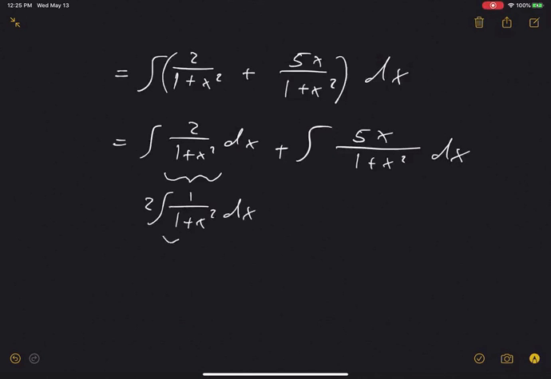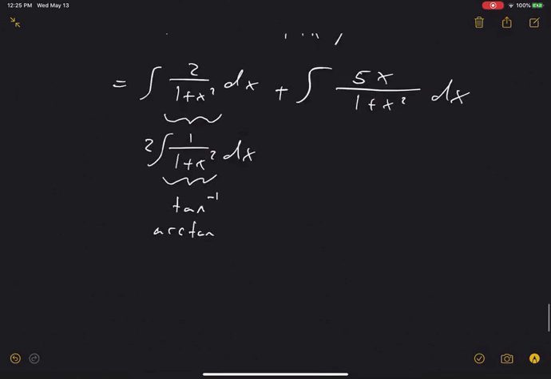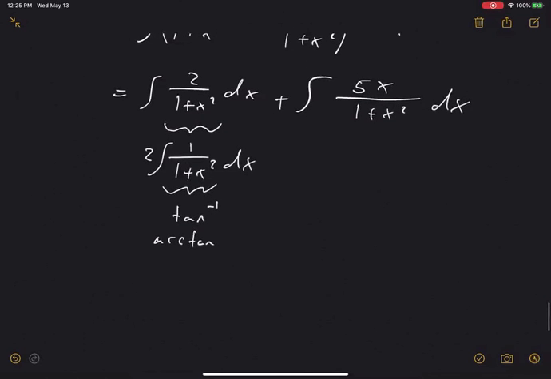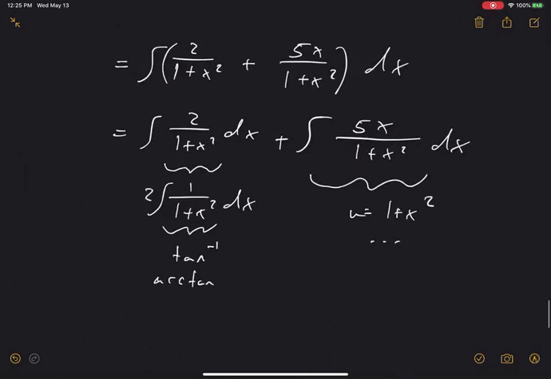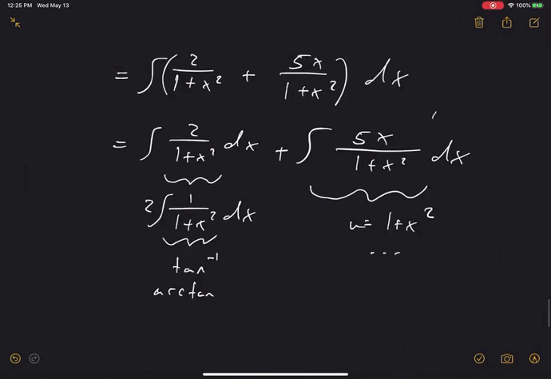The integral of this is tan inverse, or arctan, whatever you want to call it. For that one I don't even need a substitution. And then for this one, I could do a U-substitution, u equals 1 plus x squared. I'll let you do the rest of that. The only tricky thing about this is that it's a pretty standard U-substitution; the only trick is to split up the integral.